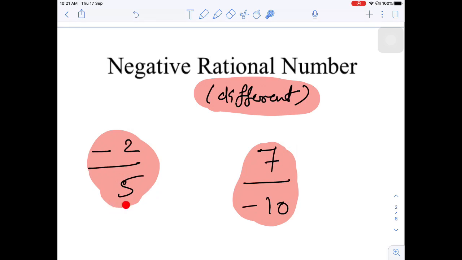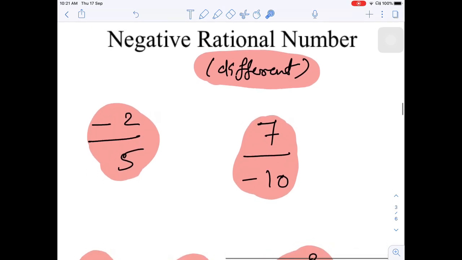Since the numerator and denominator have different signs, we can say that this number is what? A negative rational number. Let us consider another example. Here we have 7 upon minus 10. Here the numerator is positive, the denominator is negative, but both of them have different signs. So this is what? A negative rational number.